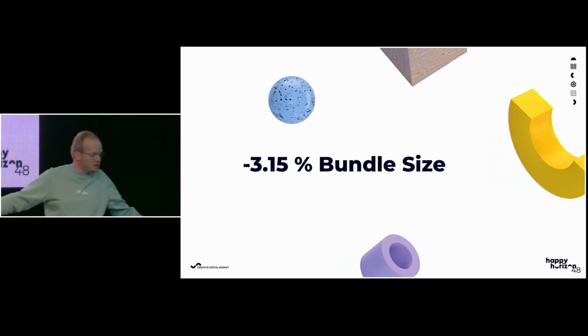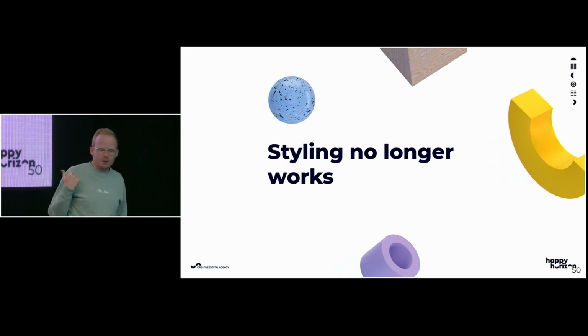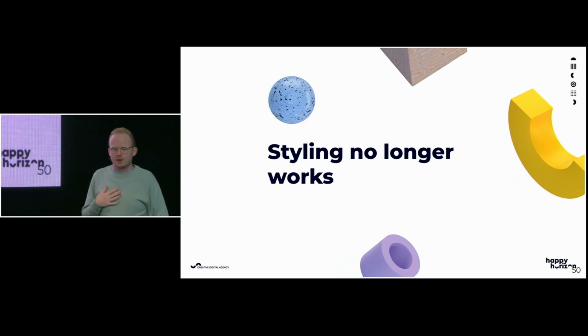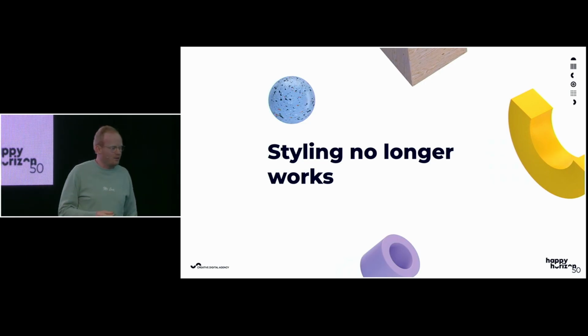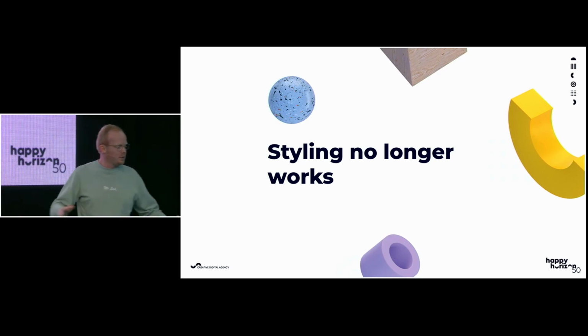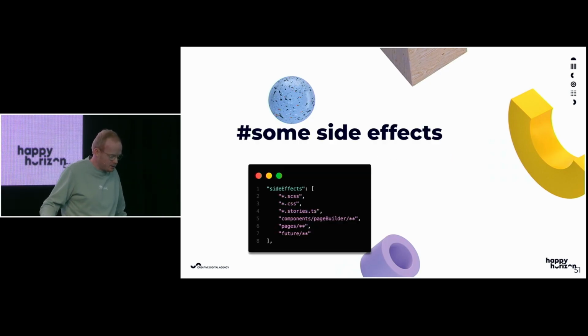Bundle size reduced. Cool. But something went wrong because the styling didn't work anymore, because we're using Sass, and that didn't work. Because if you set side effects false, it cannot be properly loaded by Webpack, and you've got to do something else.